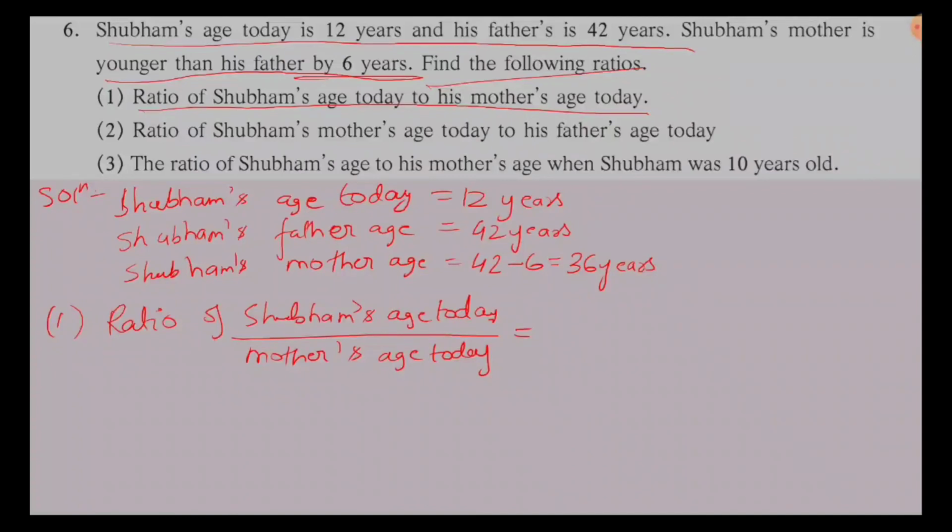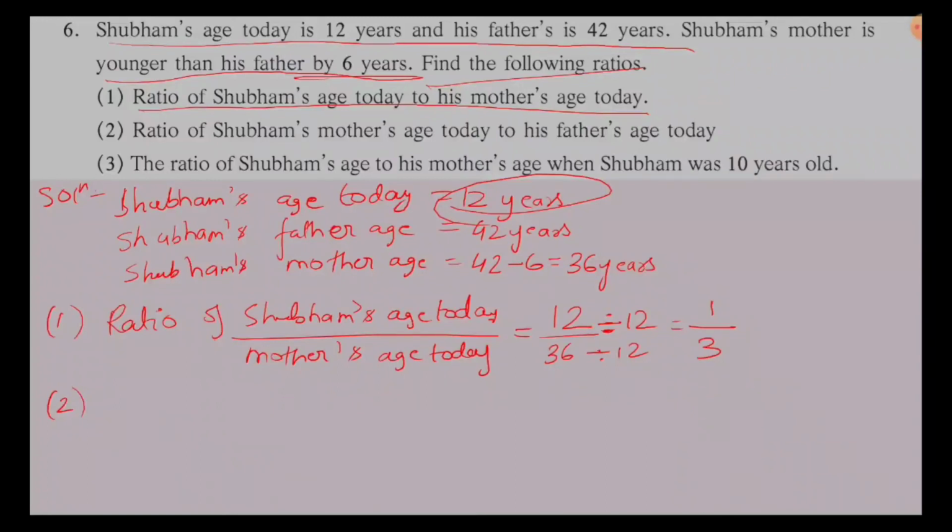Age of Shubham is 12 years and his mother is 36. We will be dividing it with 12 because 12 is the LCM, we will be getting 1 upon 3. This is the ratio. Now let's do the second.